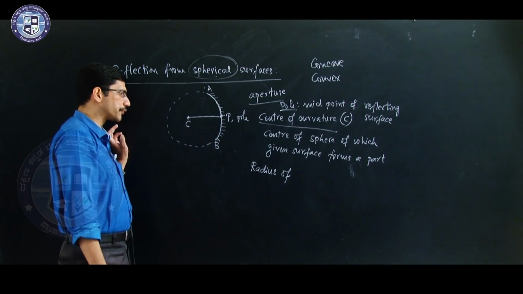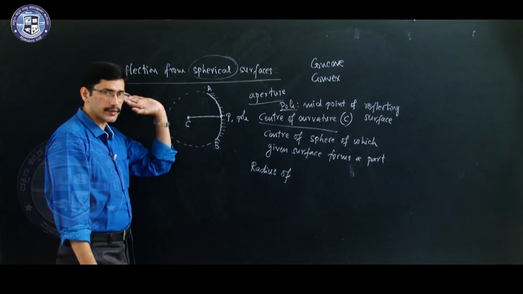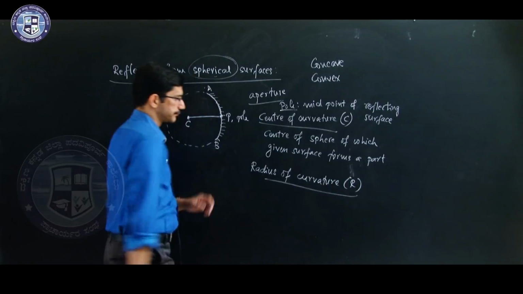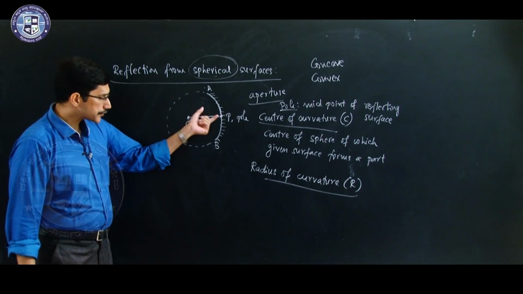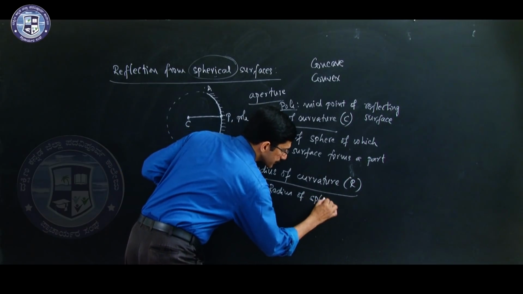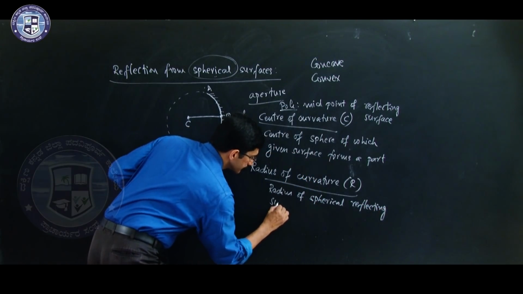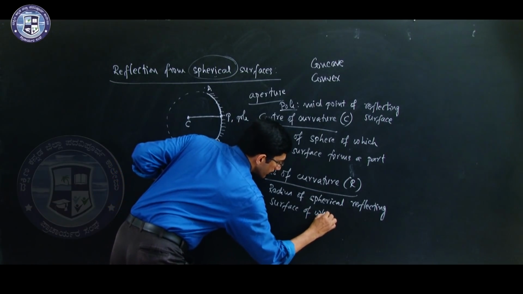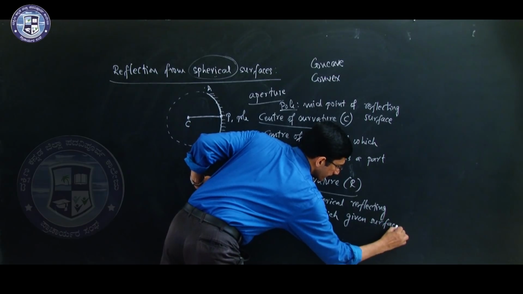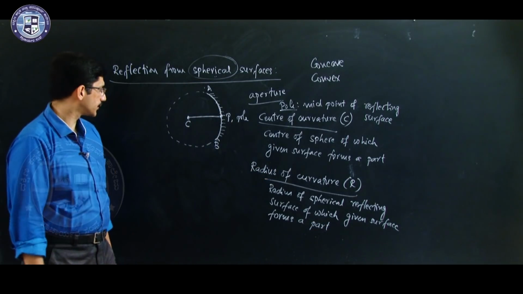The radius of curvature, R, is the radius of the spherical reflecting surface of which the given surface forms a part.